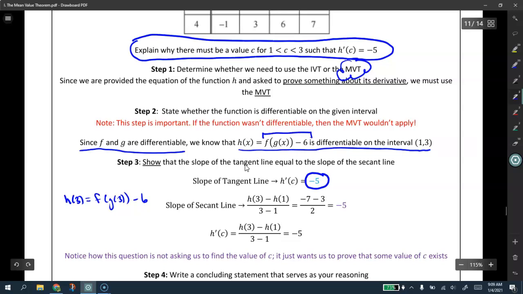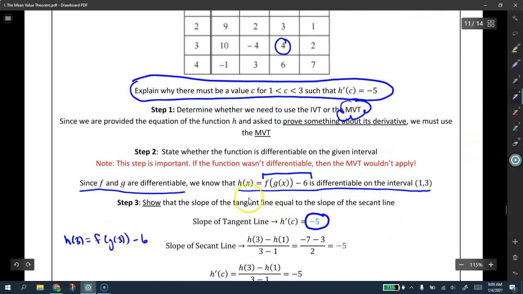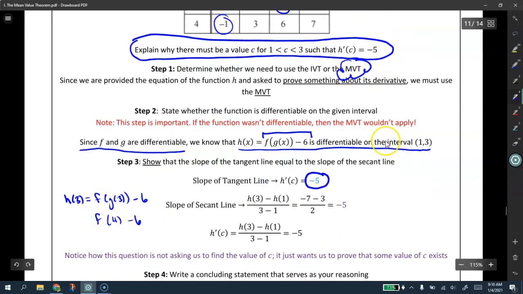So if we go to the table, g of 3 is 4. So the question becomes f of 4 minus 6. And f at 4 is equal to -1. So this becomes -1 minus 6, which gives you -7. And that's how I got this -7 over here.